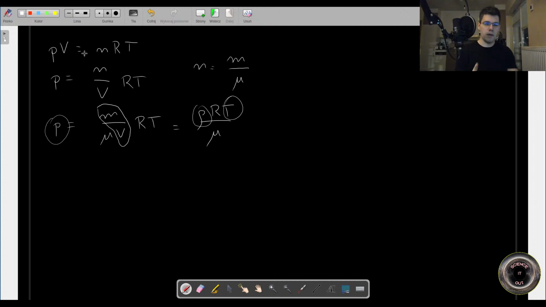Yes, those are the words. So volume and number of moles are extensive values, which means if you have two systems, one with one volume and the second with a second volume, if you connect them into one system, the connected system has the volume that is the sum of those two, right? The same goes for number of moles. If you have N1 and N2, if you connect the two, you have N1 plus N2 moles.